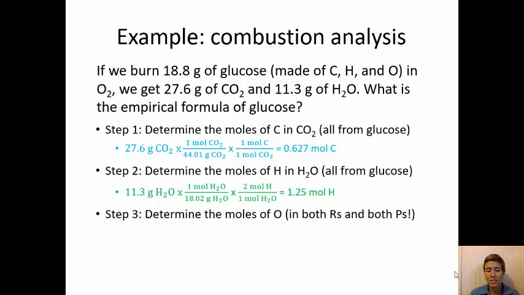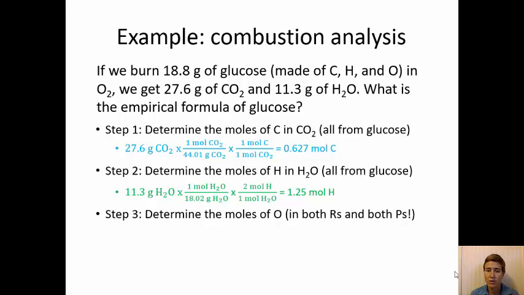Then the third step is figuring out the moles of oxygen. Now this one is harder because there's oxygen in the glucose, there's also oxygen in the other reactant, the oxygen, obviously, and there's also oxygen in both CO2 and water, so we can't do the same thing for that. So how on earth are we going to figure out how many moles of oxygen were in the original glucose?